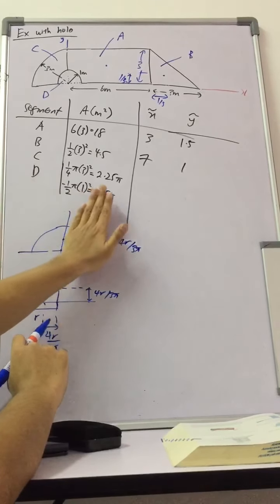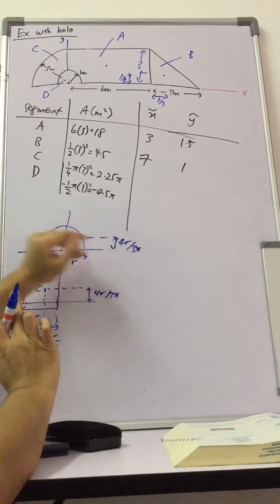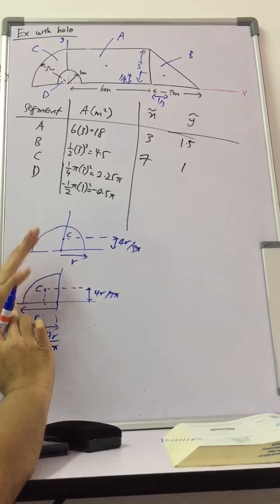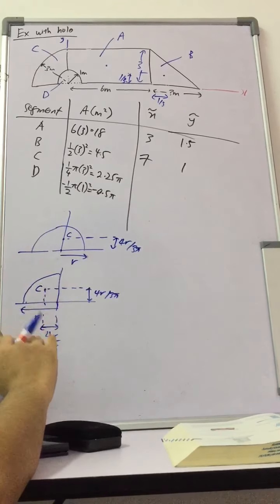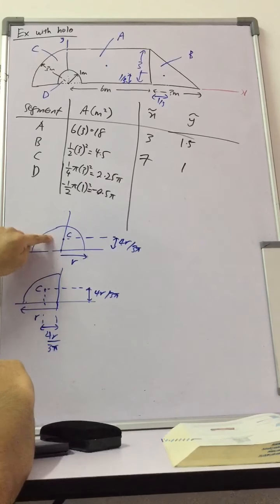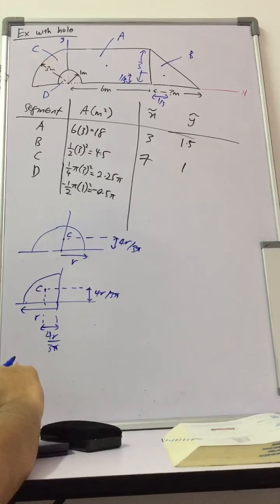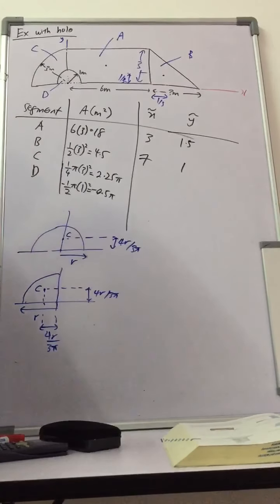Now if you take out another half, or a quarter of the original circle, so you are just left with this, then the centroid will shift 4r/3π, right? If it's unclear, go back to the textbook and look at the diagram clearly.